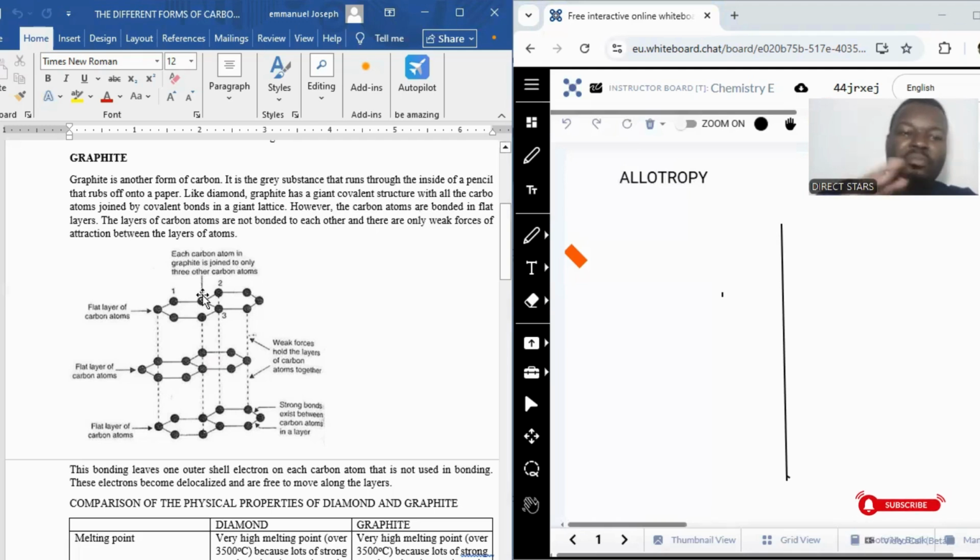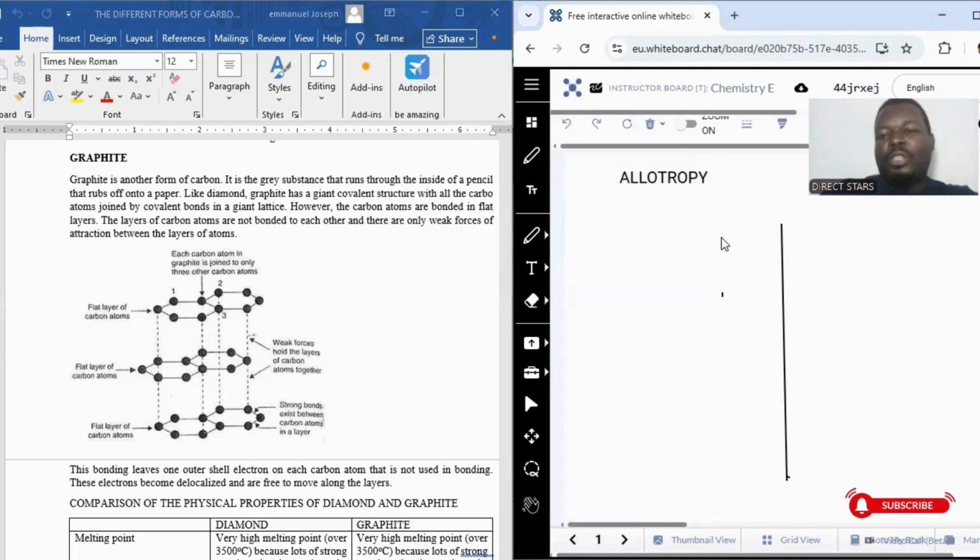And that gave room for the presence of electrons. Okay, so there are delocalized electrons. Why do we say they are delocalized electrons? Okay, let me quickly show you that. Carbon on your periodic table has atomic number 6, which denotes it has 6 electrons. So the inner shell will take 2, the outer shell will take 4, which denotes that carbon has 4 outer shell electrons.